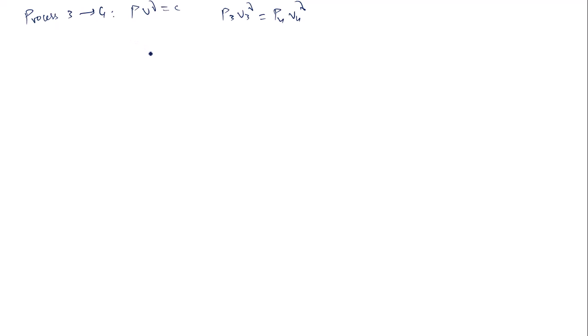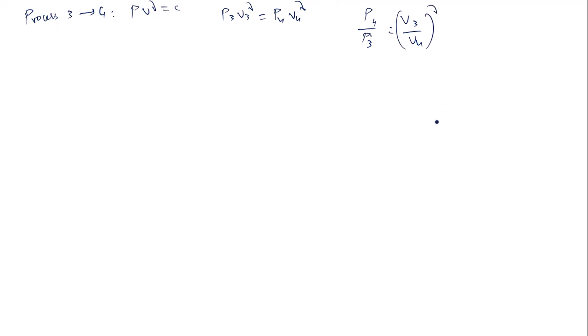So do we have all the values? Supposedly not, right? So if I make it as a pressure ratio and volume ratio, it is going to be P4 by P3 is equal to V3 by V4 power gamma.